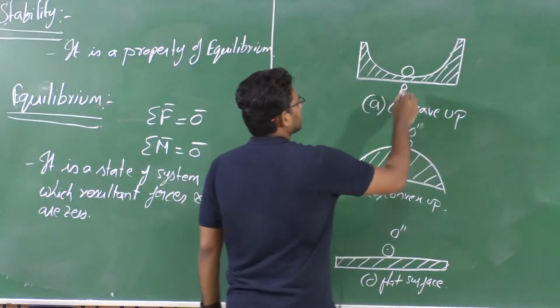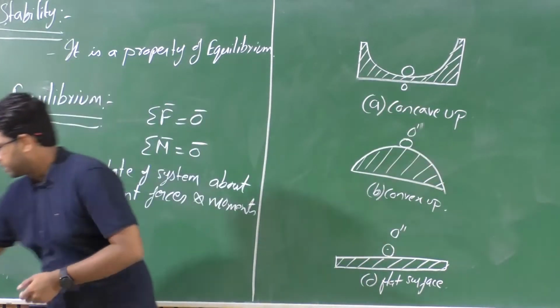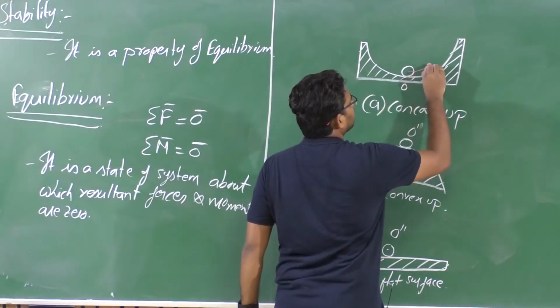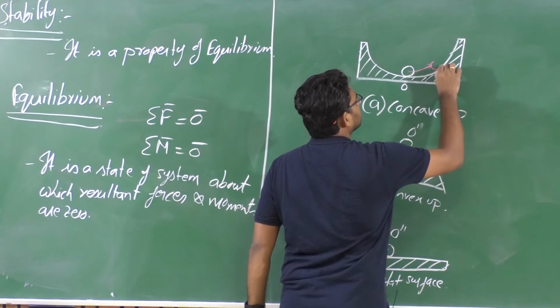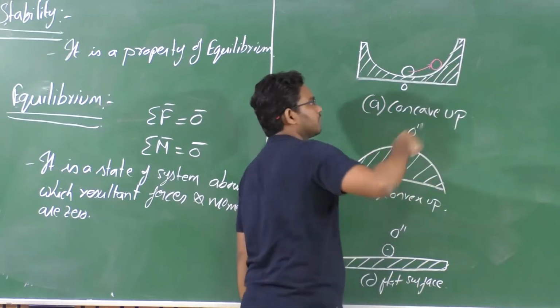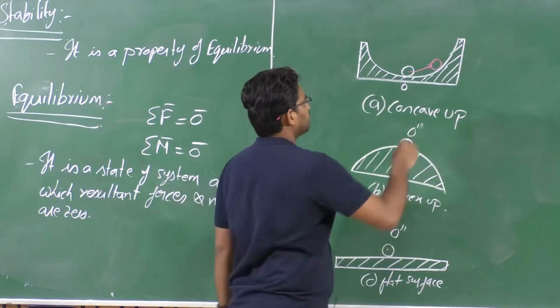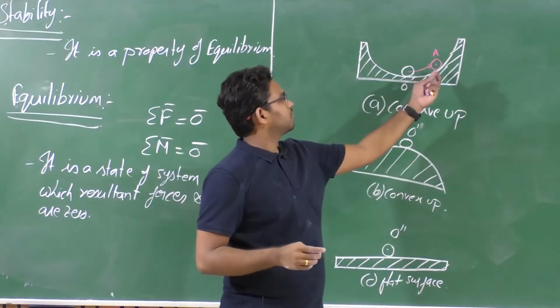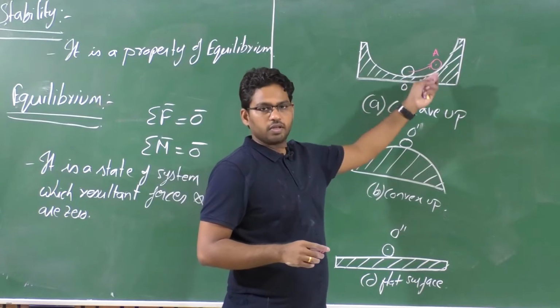So let's give such a gentle push for case A. Due to this push, the ball will try to roll up the surface, and then it may reach a location, say A. This corresponds to the point where the velocity of the ball becomes 0.